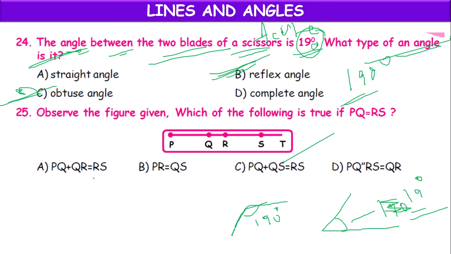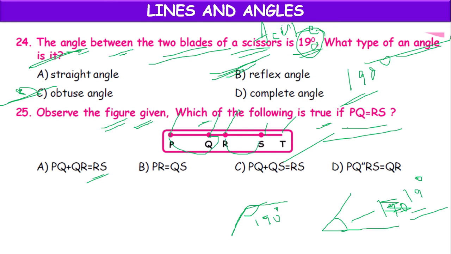Next question. Observe the figure given. Which of the following is true if PQ equals RS? Here we have points P, Q, R, S, T on a line, and they have given PQ equal to RS.